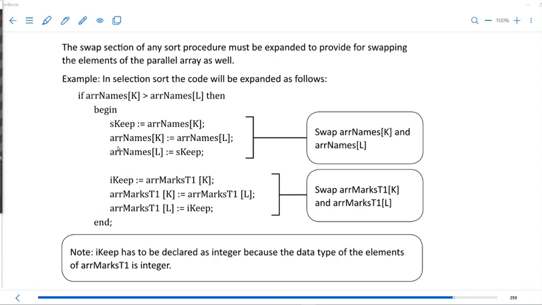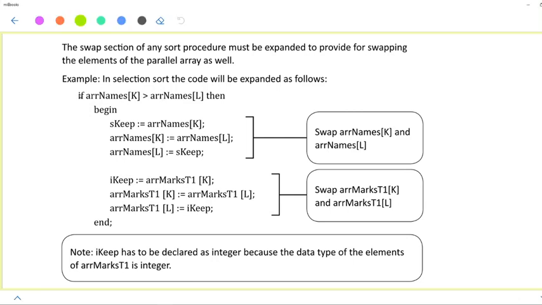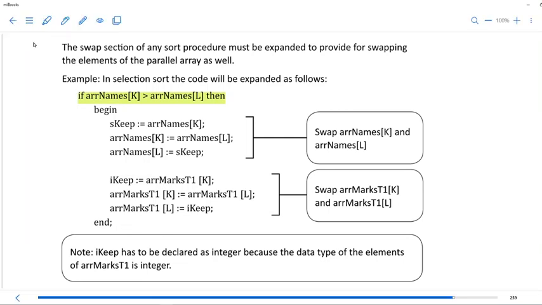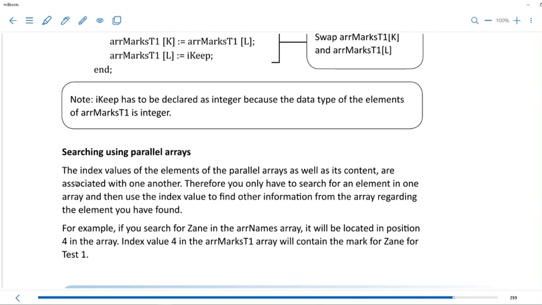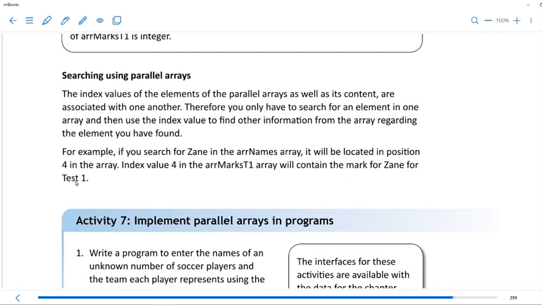Regardless of whether the mark is bigger or not, we're not going to ask this question for the second array. We ask it for the first array, we do the swap, but we also do the swap in the second array. And that is literally it. If you know these couple of lines of code, you know how to sort a parallel array.